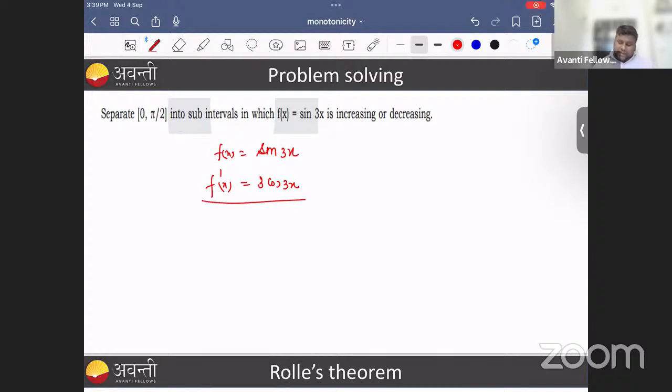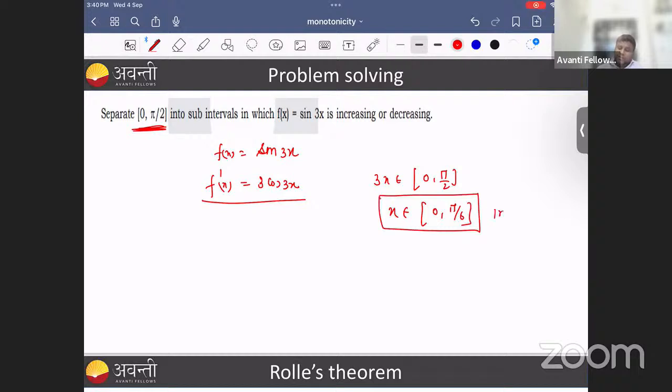Cos is positive in 0 to pi by 2, so 3x belongs to 0 to pi by 2. It happens in the fourth quadrant also, but my priority is up to the third. So x belongs to 0 to pi by 6. This is the interval where this function is increasing.